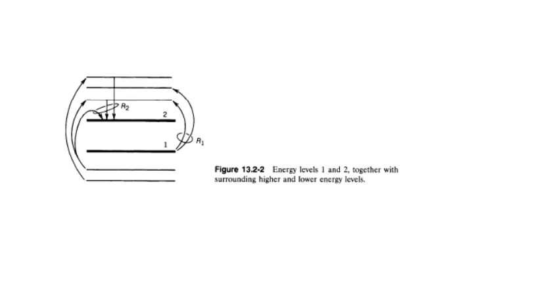Here it is shown how energy levels 1 and 2 sit together with surrounding higher and lower levels. We have several levels lower than 1 and higher than 2, and how energy transfer may take place is shown.